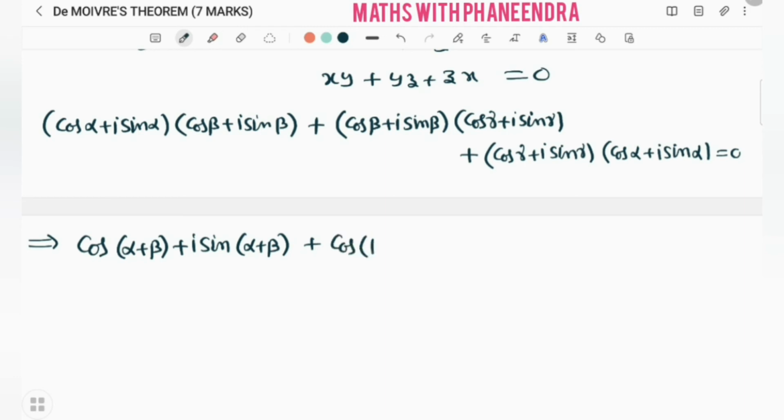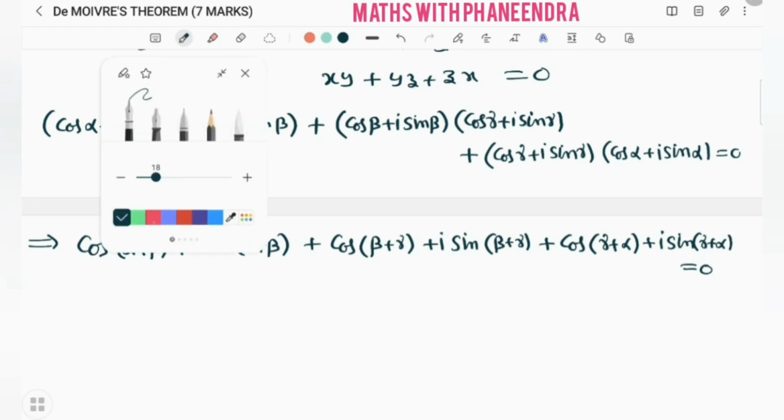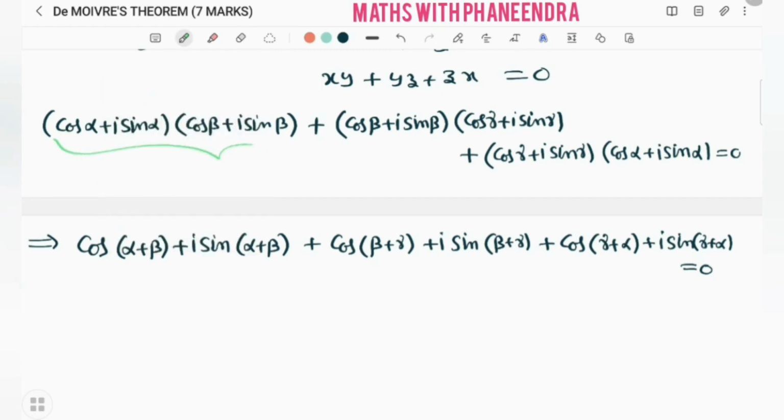So cos of beta plus gamma plus i into sin of beta plus gamma, plus cos of gamma plus alpha plus i into sin of gamma plus alpha is equal to 0. That means, dear students, observe, this term we wrote like this, this term like this, this term like this. I hope everyone understands.